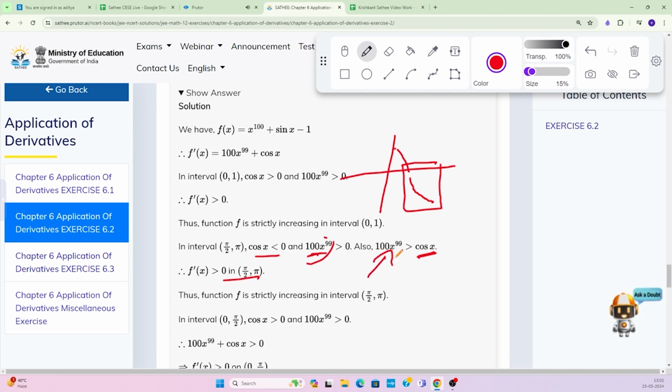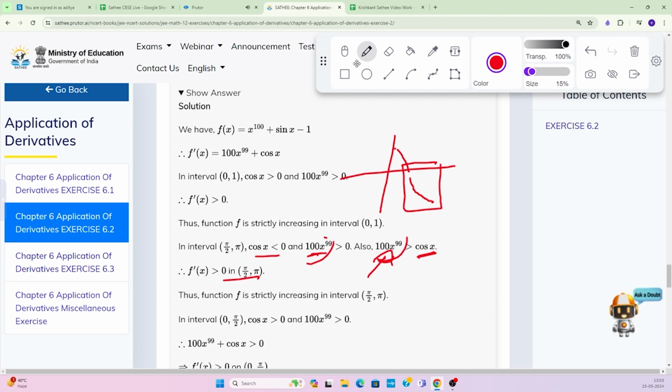Why did we say that it is greater than cos x? Because cos x is restricted to negative values here, so this value will be negative, obviously, and this value will be positive. Positive will always be greater than the negative value. That's why we have written this. Clear?